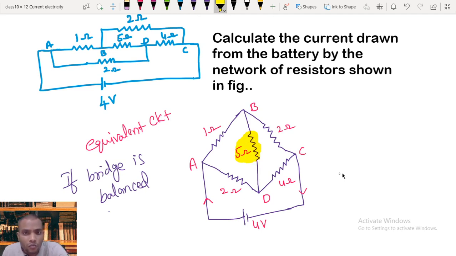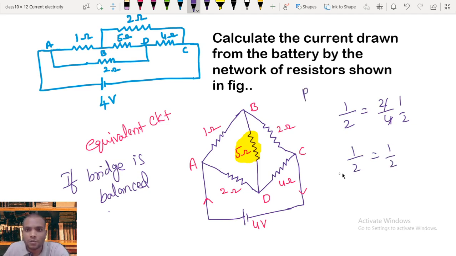How do we know that? For that we need to calculate the ratios of resistance. The ratio equals 1 by 2 equal to 2 by 4. Here the ratios of resistances are equal.